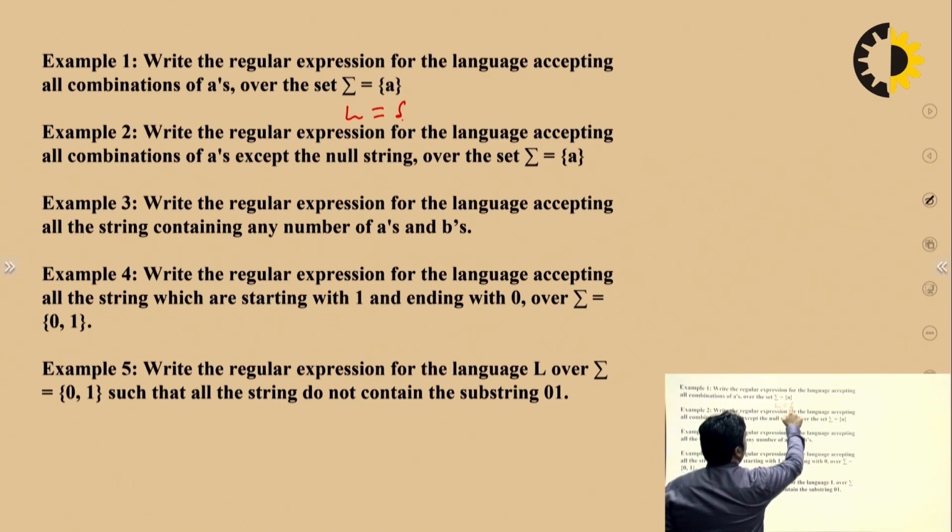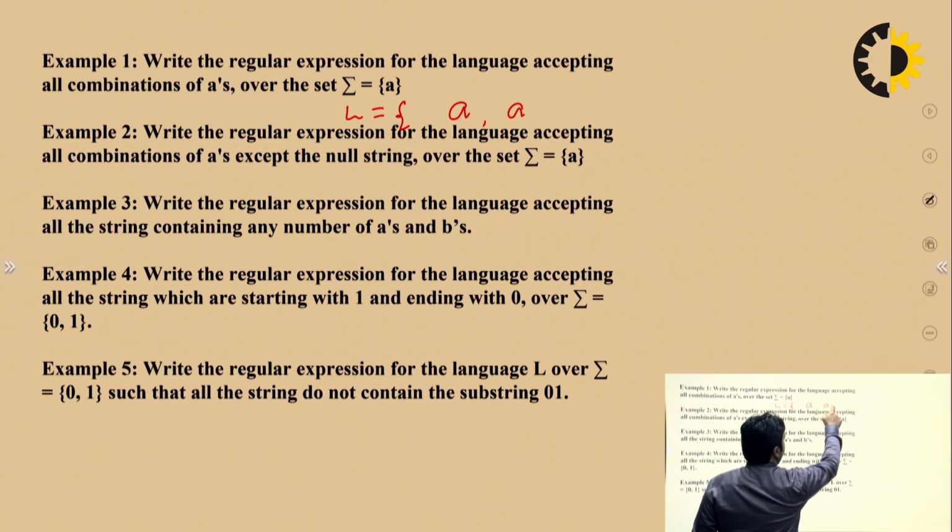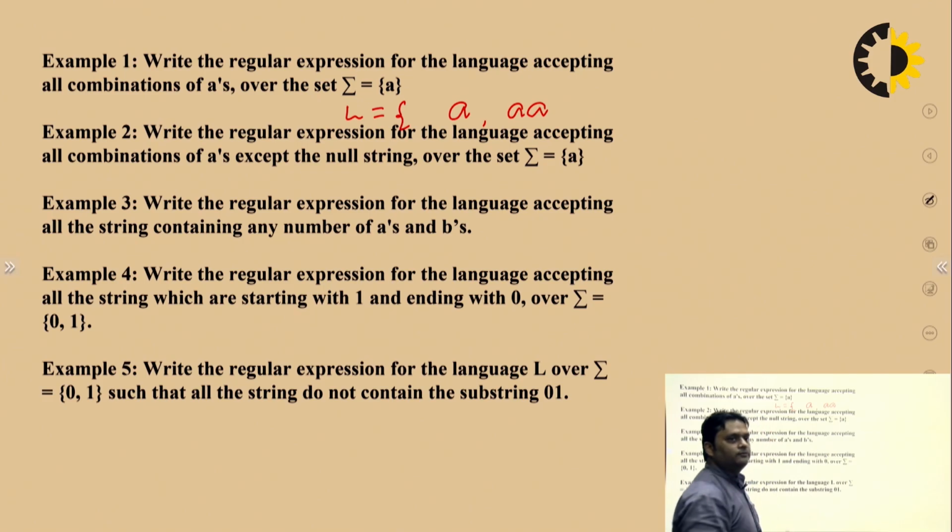L equals: if the occurrence of A is 1, then the output will be A. If the occurrence of A is 2, then AA. If the occurrence of A is 0, then what will be the output?